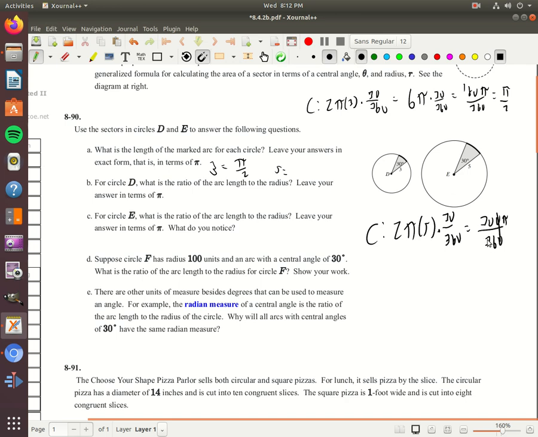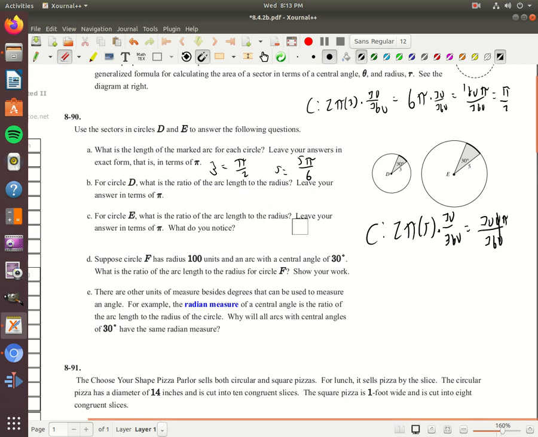I'm just doing some of these as fractions. You can grab your calculator if you want. It looks like 6 is going to go into 5 and 6, so I'm going to get 5 pi over 6. Any questions there? All right, so now it wants us to go back. Oh, I'm sorry, so 5 pi over 6.